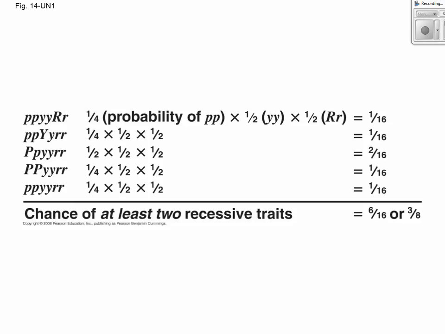So that first one is simply 1/4 times 1/2 times another half, and you can see it for the other ones. And then they have the addition one here, so you can figure out the chance of at least 2 recessive traits, and you would do your addition there.